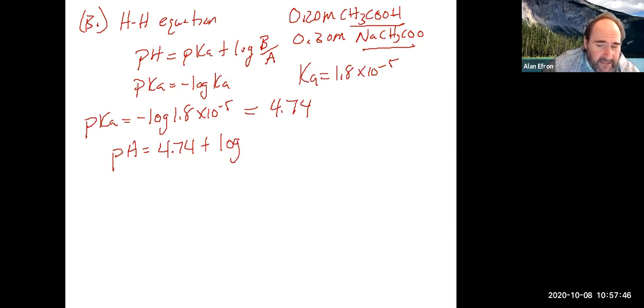Obviously, this is the acid in this case. Usually the one that has one less hydrogen is the base. So we do want to go base on top. So that is 0.3 divided by the acid on the bottom, 0.2. And if you do that, 0.3 divided by 0.2, take the log of it and add it to 4.74, we will get 4.92.